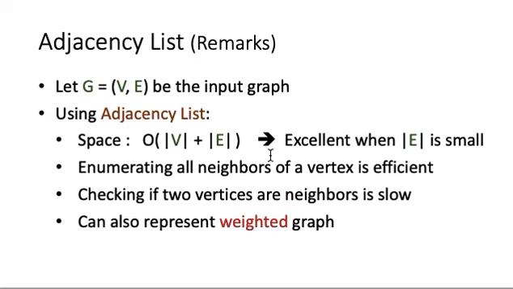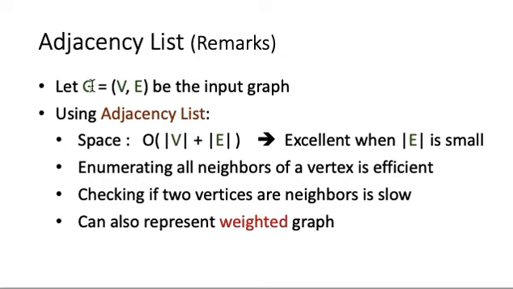Now, the adjacency list representation has the following behavior. First of all, the space is very good. It takes order V plus E space, where V represents the vertex set and E represents the edge set. So the space is actually linear.